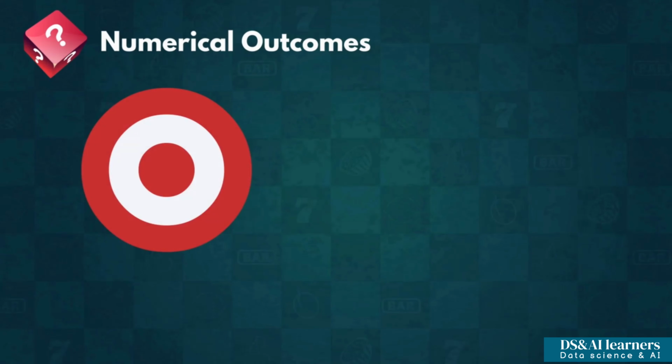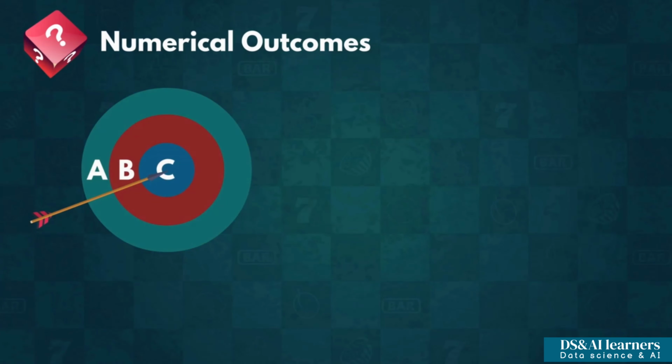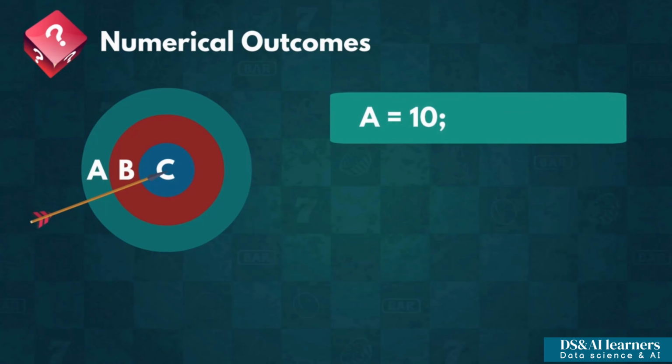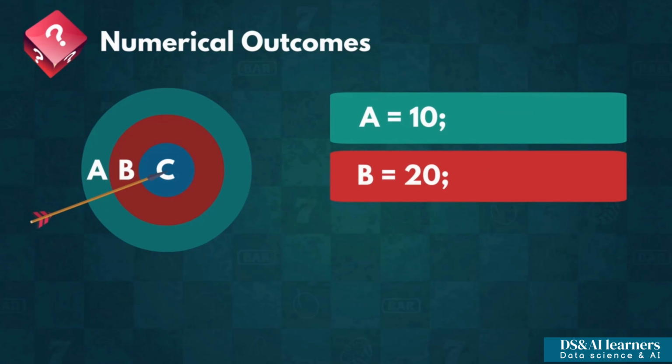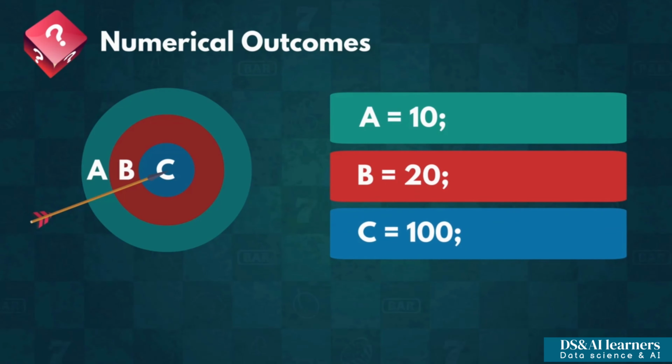For instance, you are trying to hit a target with a bow and arrow. The target has 3 layers. The outermost one is worth 10 points. The second one is worth 20 points. And the bullseye is worth 100. You have practiced enough to always be able to hit the target, but not so much that you hit the center every time.